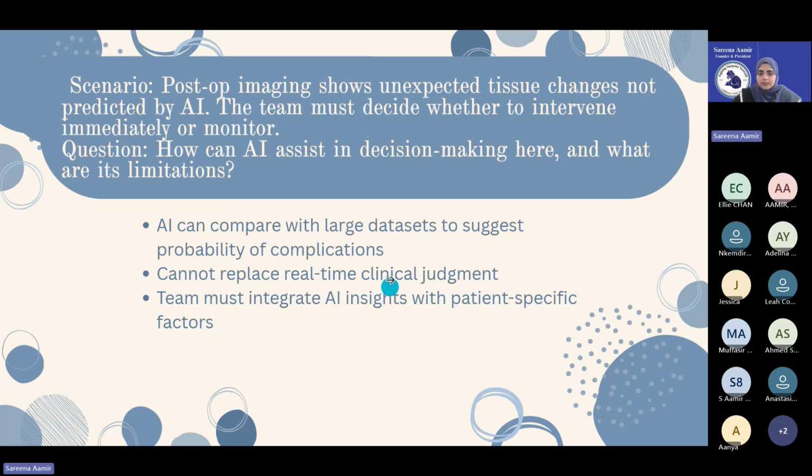Here are some answer prompts. I'll read these out and I'd like you to give me your opinion or an idea that you may have, or say whether you agree or disagree with this, and a statement why. A: AI can compare with large data sets to suggest the probability of complications. B: It cannot replace real-time clinical judgment. C: The team must integrate AI insights with patients' specific factors.